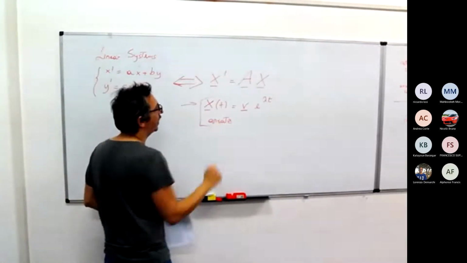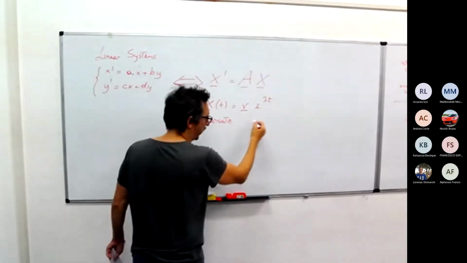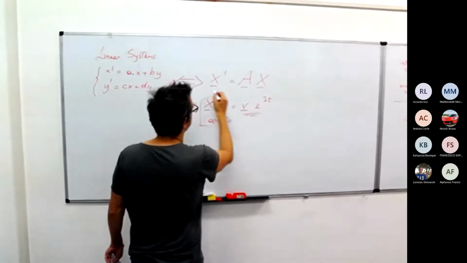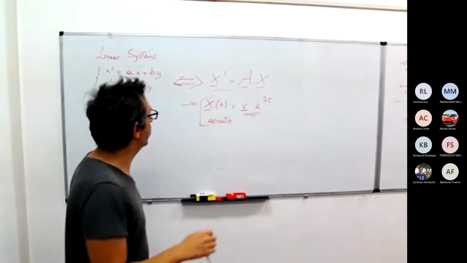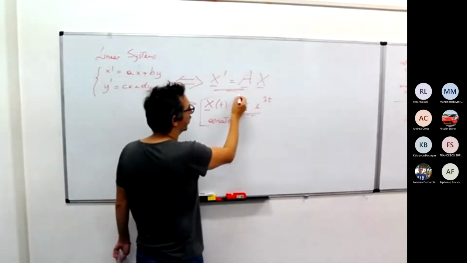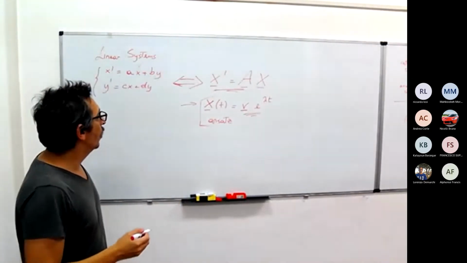Okay, so if I'm using this ansatz and inserting it in my system of first-order ODEs written in matrix notation, what do I find?